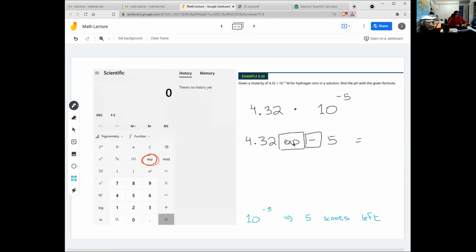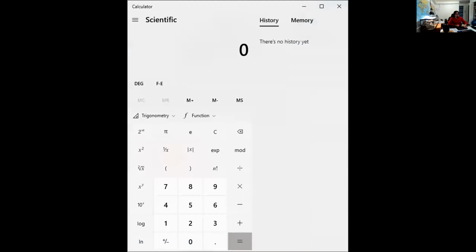Let me see if I can actually do that. I don't know if I've ever tried sharing screen with just the calculator. Okay, now you're looking at my calculator. So 4.32 EXP minus 5.